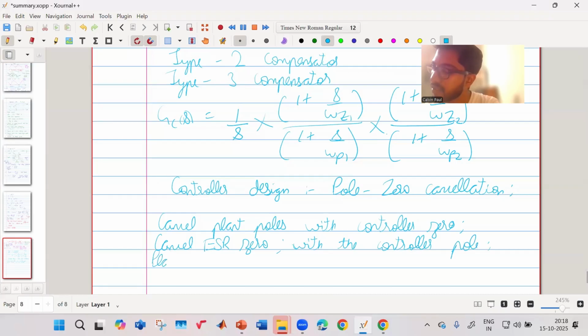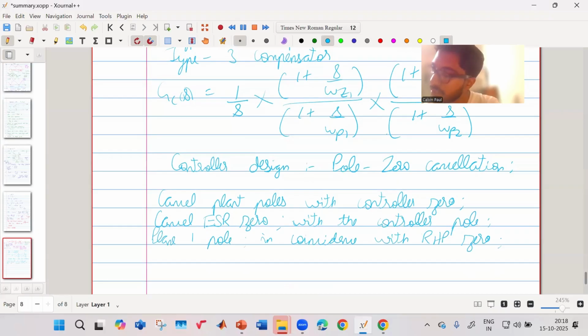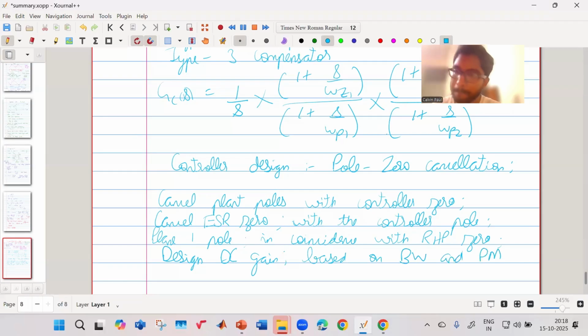You place one controller pole in coincidence with your RHP 0, and then you design your DC gain based on bandwidth and phase margin.